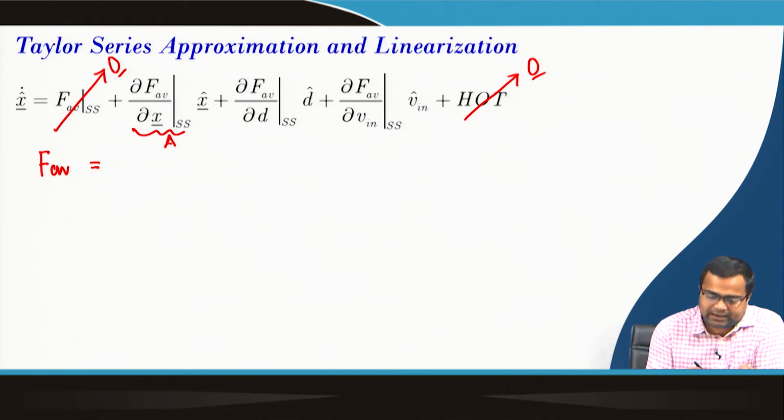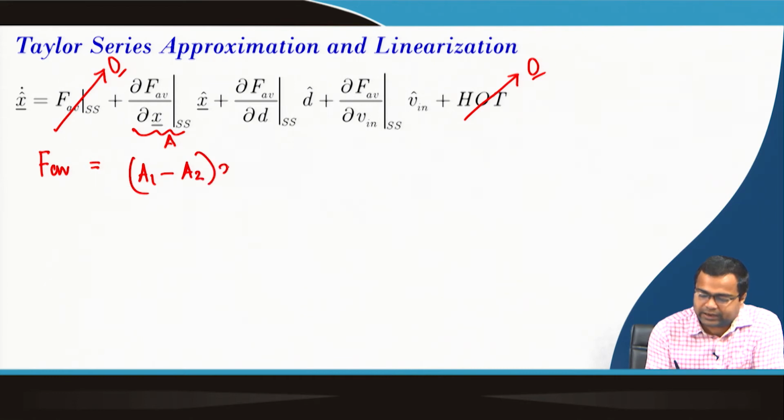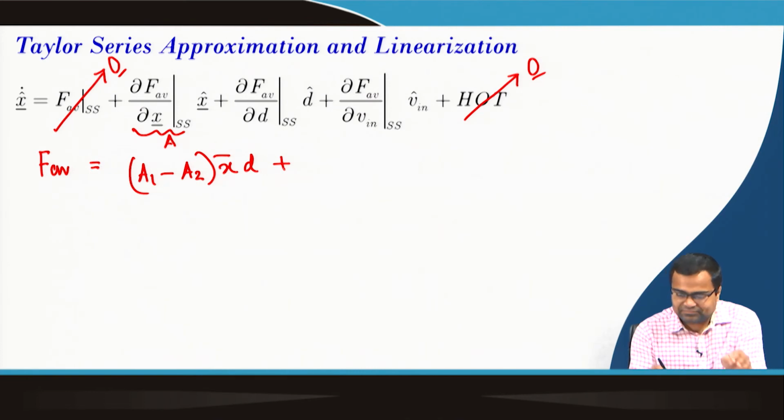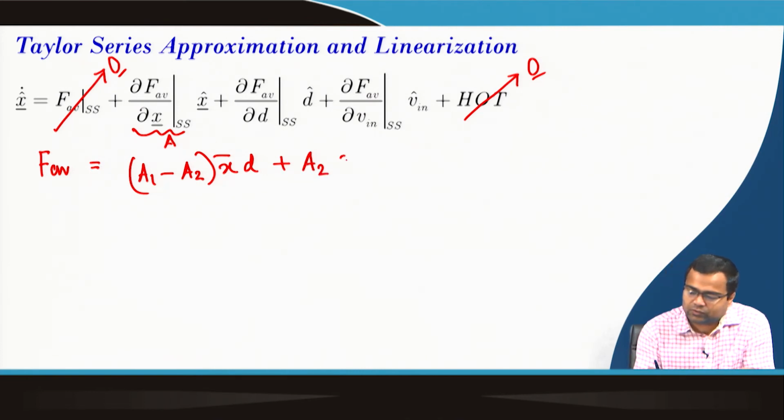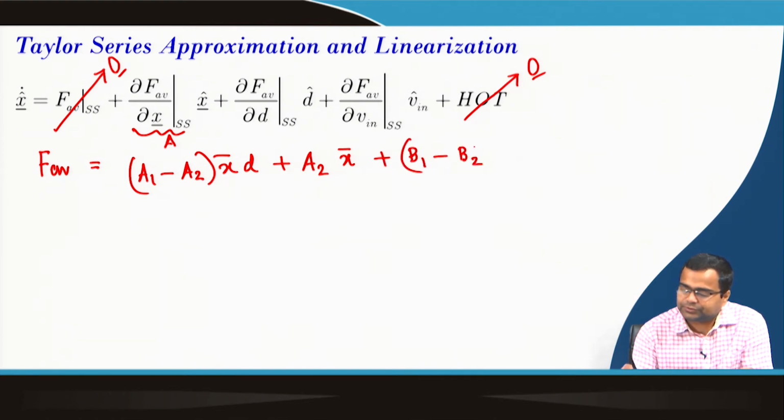Now, what is f average? We saw it was A 1 minus A 2 into x average into d, plus A 2 into x average, plus, we separated, B 1 minus B 2 into V in into d, plus B 2 into V in.